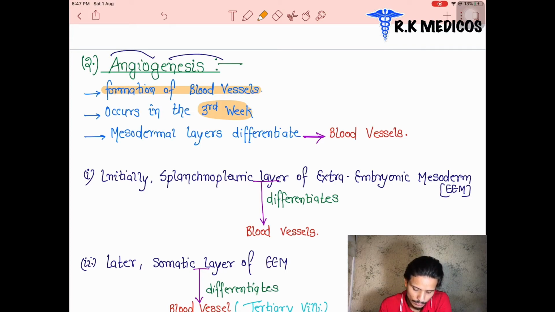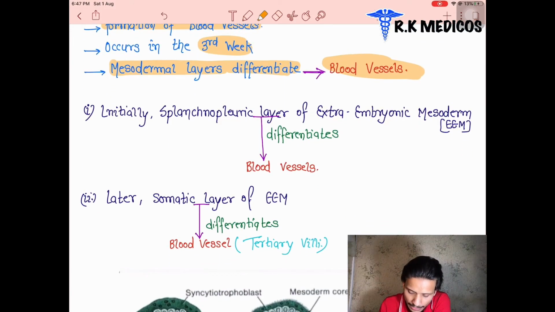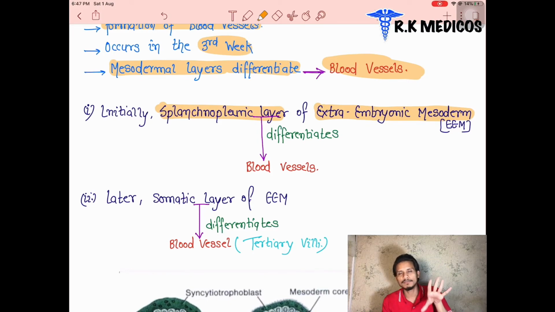The blood vessels are formed from the mesodermal layers, and now we are going to say which part of the mesodermal layer. Now you know the extra embryonic mesoderm from the third part. The extra embryonic mesoderm also has two parts: the splanchnopleuric layer and the somatopleuric layer. The splanchnopleuric layer, the inner one, first gives rise to blood vessels.